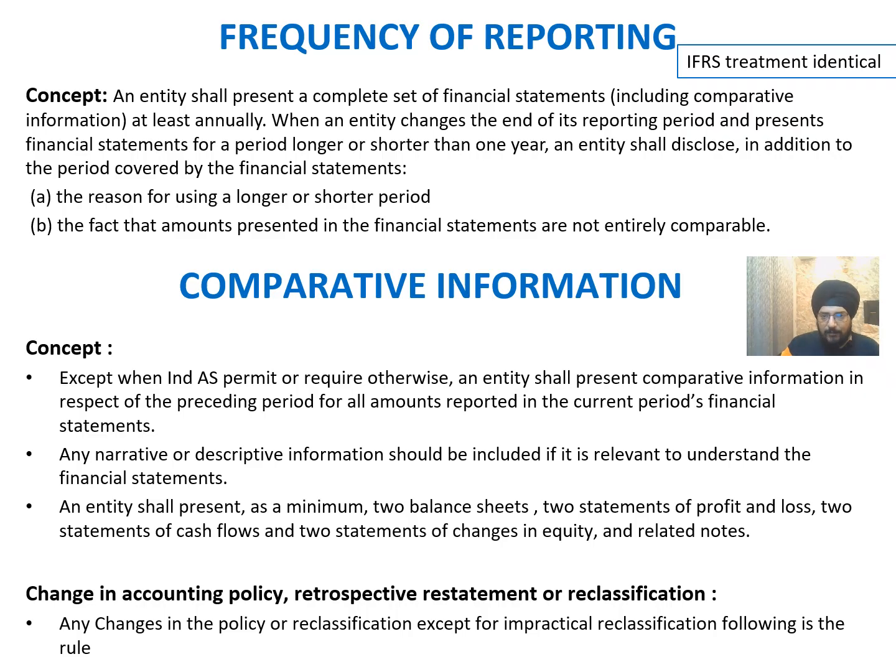The next important thing is comparative information. As mentioned, Ind AS requires comparative numbers for the preceding financial year, to make sure that records are available and comparability is there. This ensures that there are at least two balance sheets, two P&L accounts, two cash flow statements, and two SOCE, which is the statement of changes in equity.